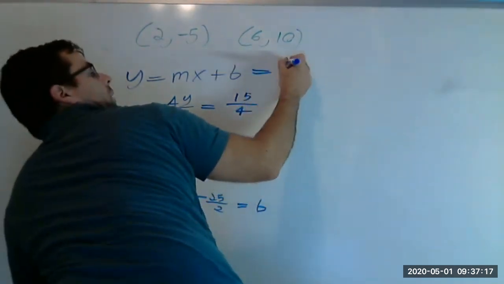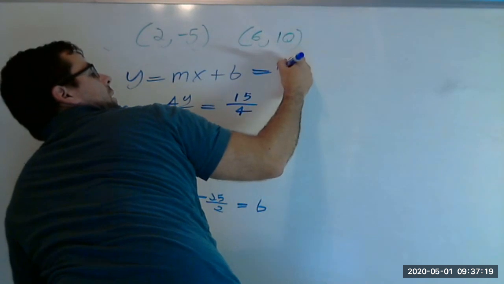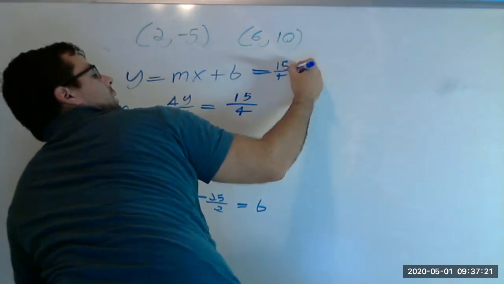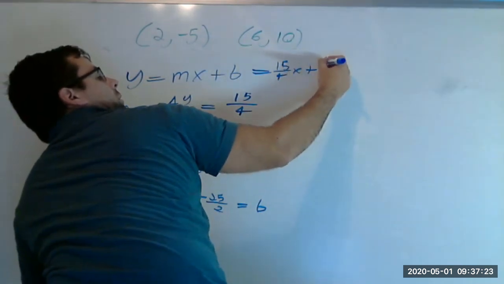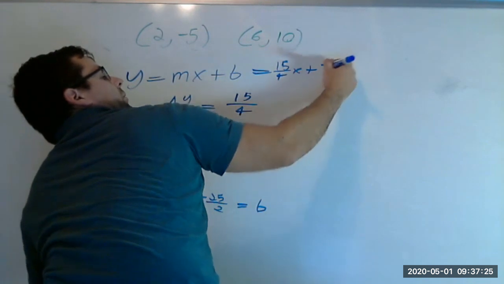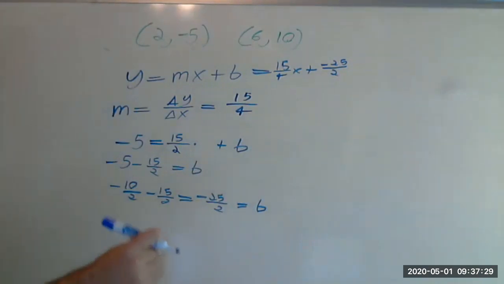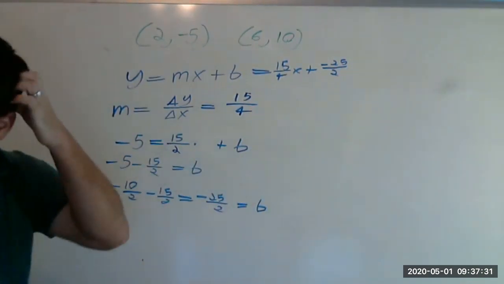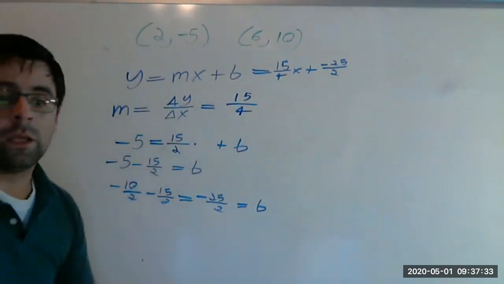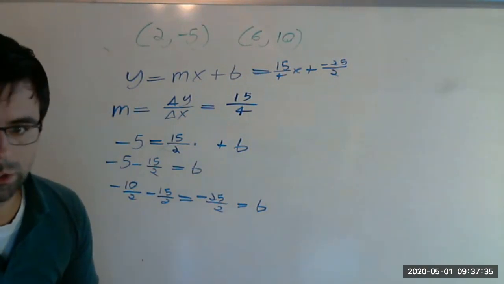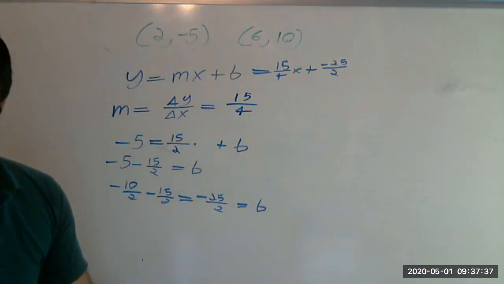So the slope is 15 over 4, and b is -25 over 2. So nothing real wild going on.